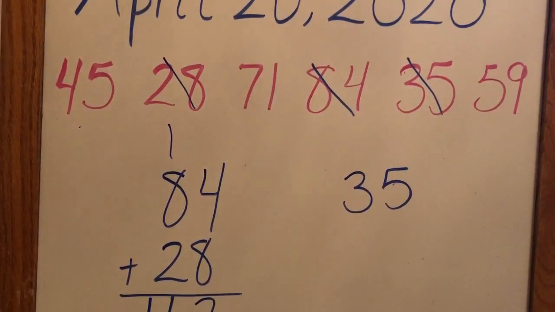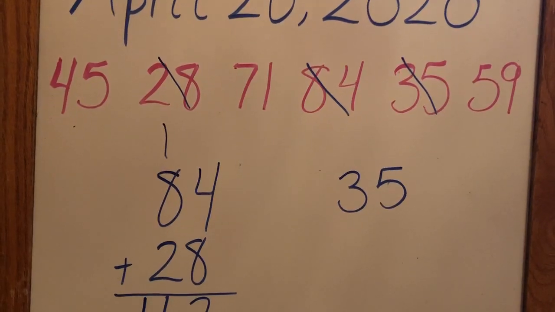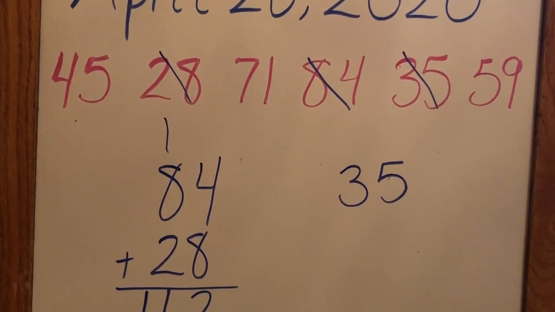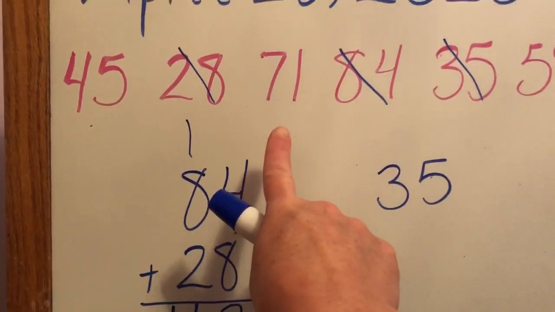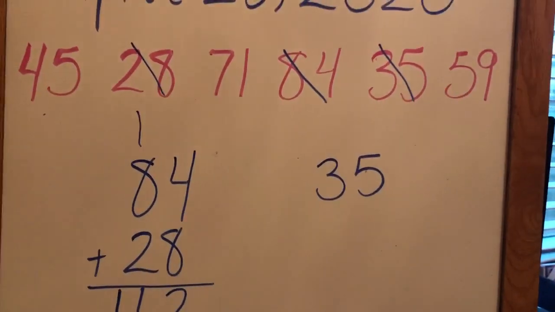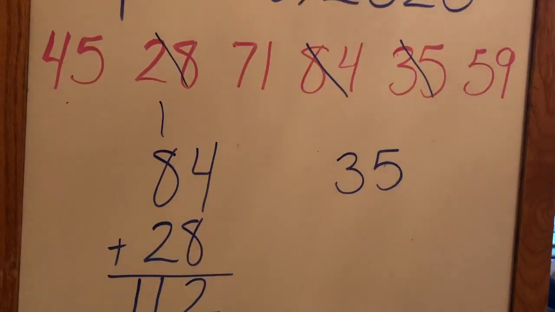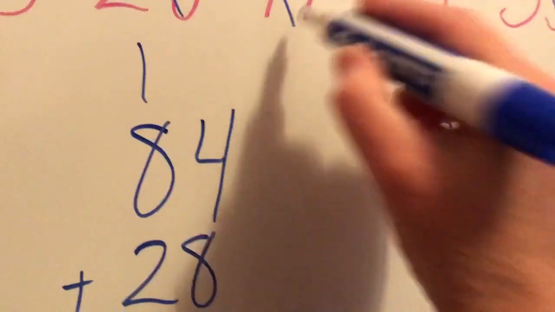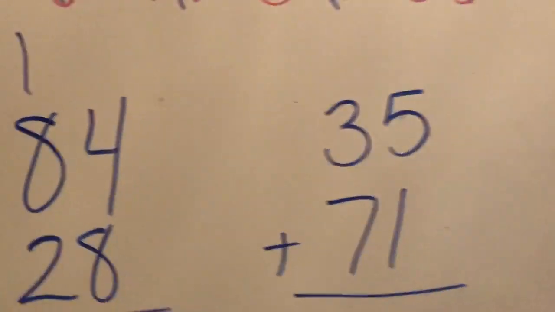Think about your tens. If you added up those tens, which of those numbers could we add together to equal more than 100? I hope you're looking at this 71 right here, right? Because you know that 7 plus 3 is 10, and that's even before we may have to trade for a dime, right? So let's add 71. Okay, here we go.